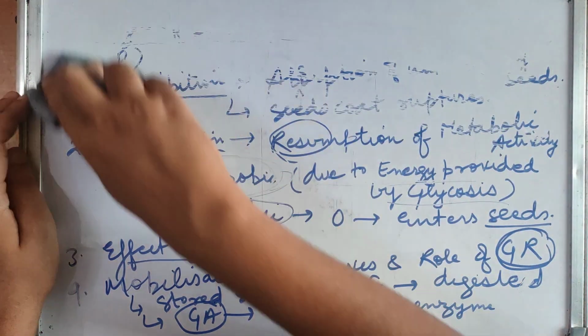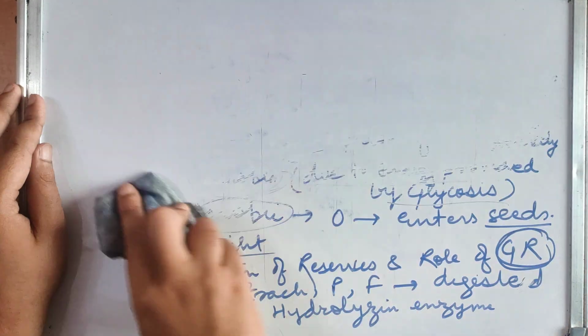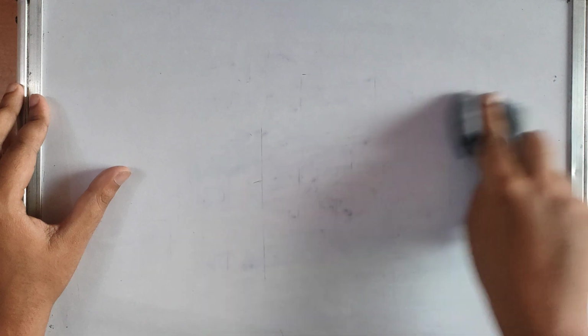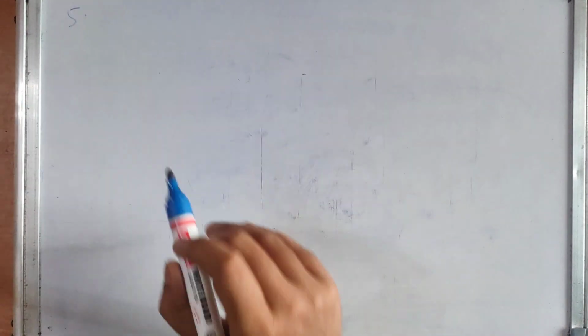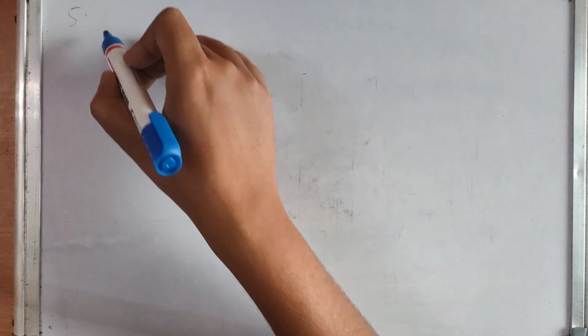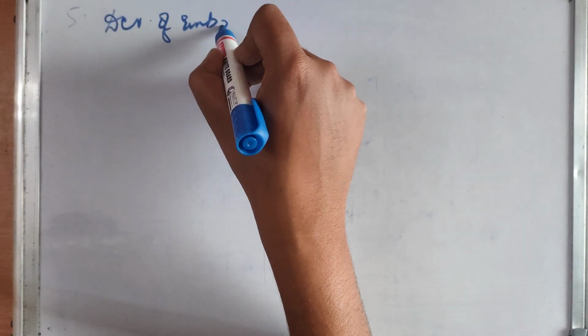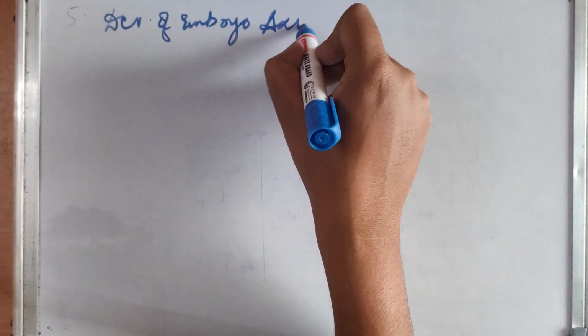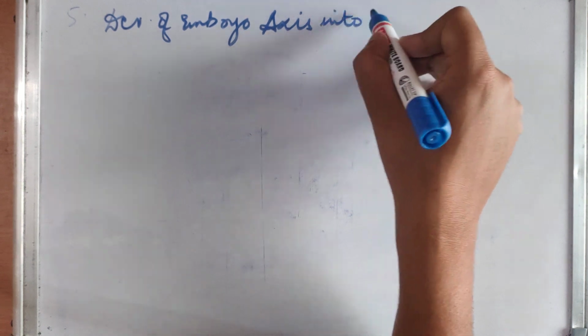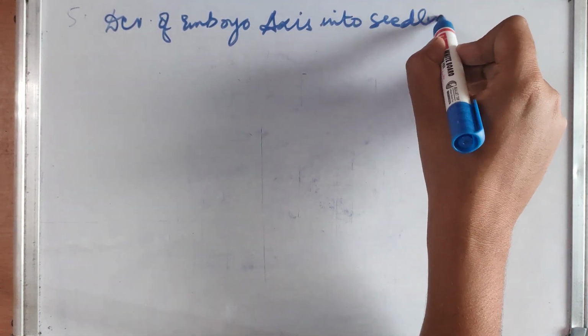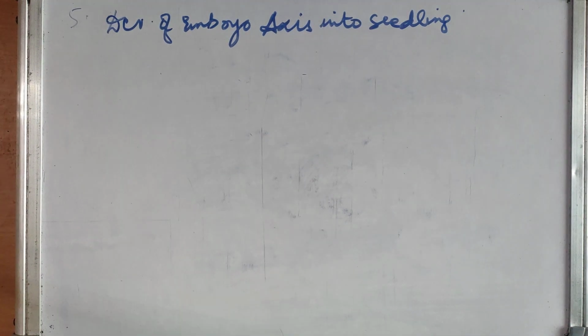Now the next step, that is number 5, is development of the embryo axis into seedling. Embryo becomes metabolically active.